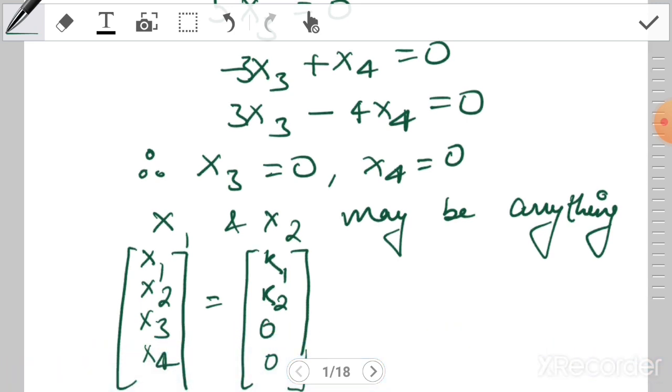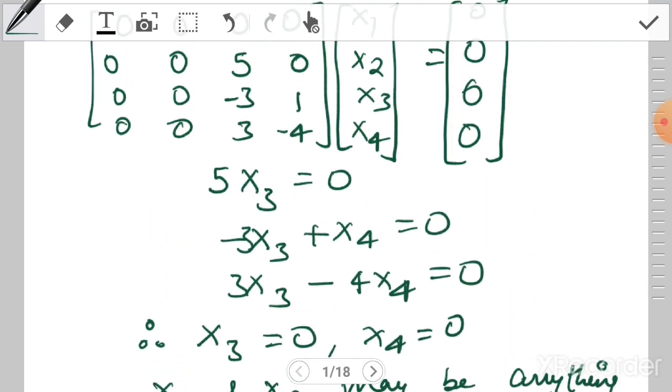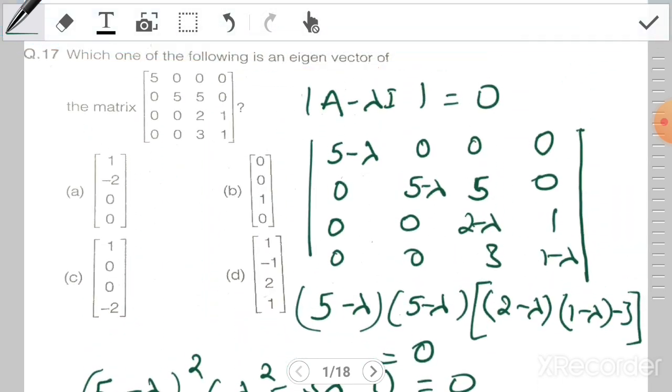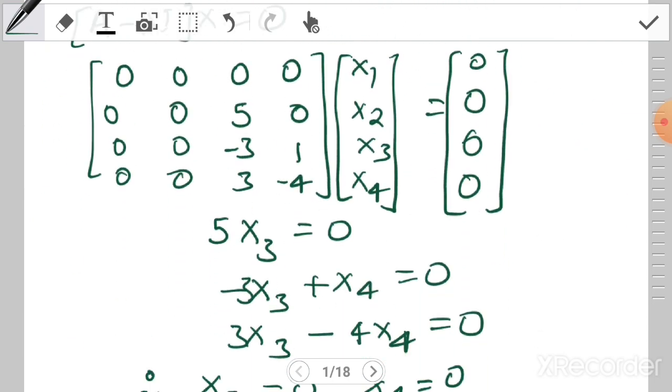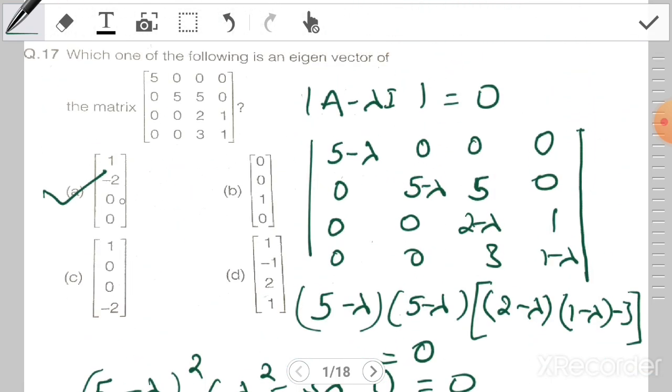So we have choice A. Choice A is the only vector in this form with x3 and x4 0. So A is the answer.